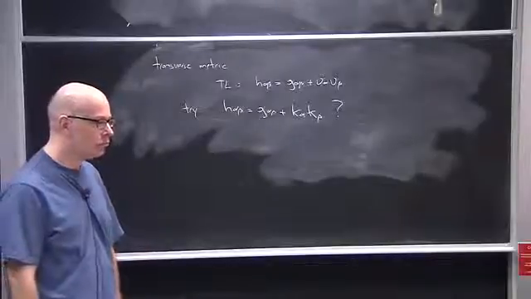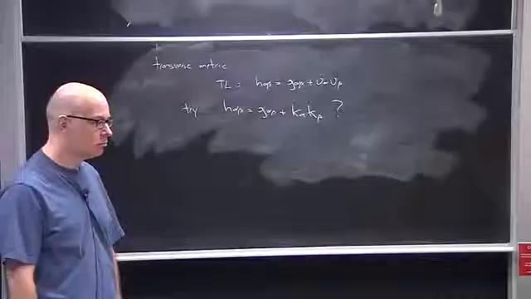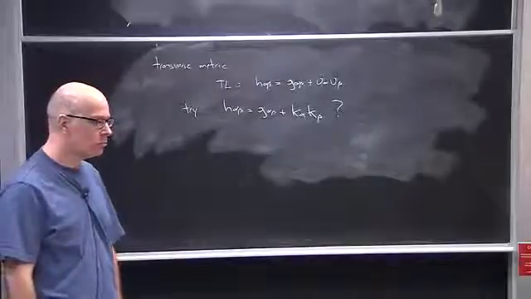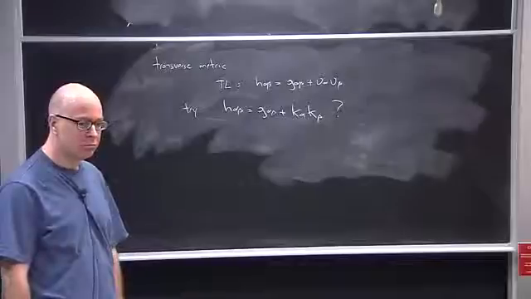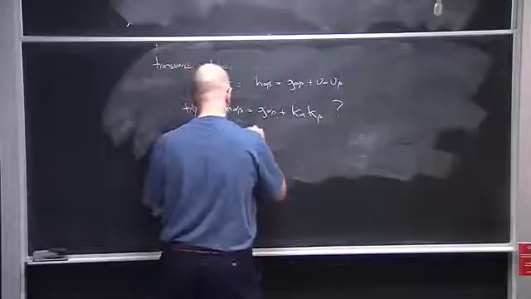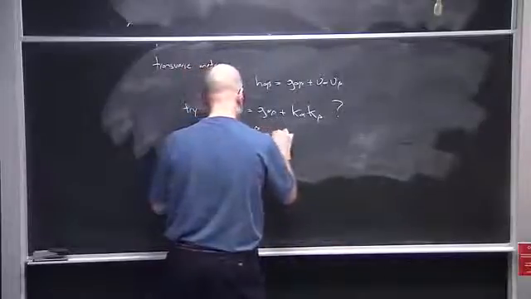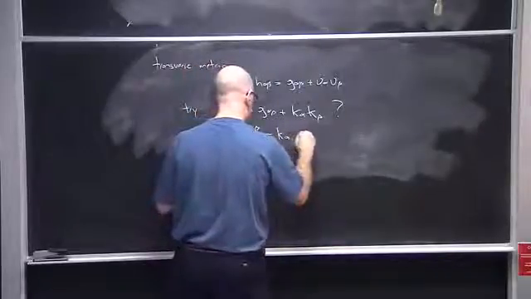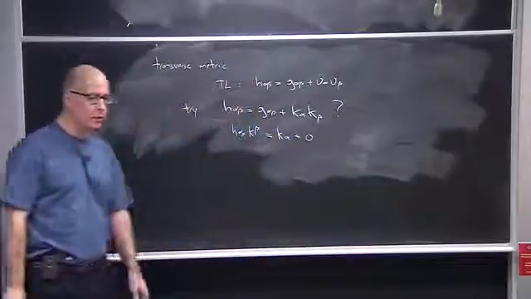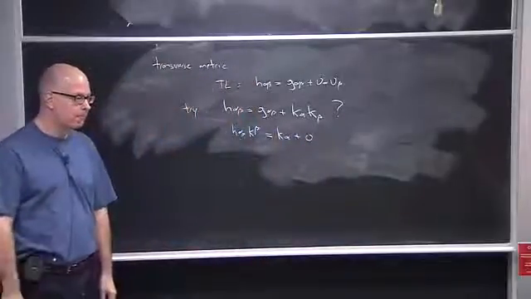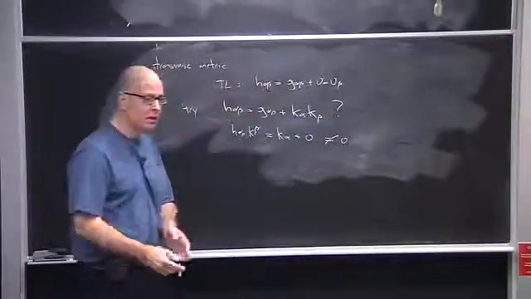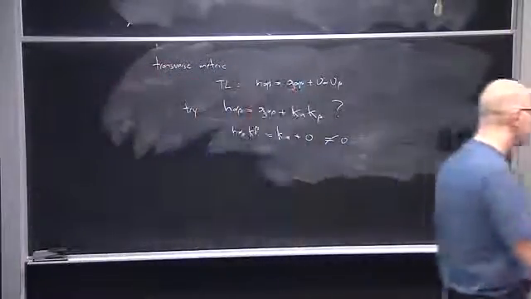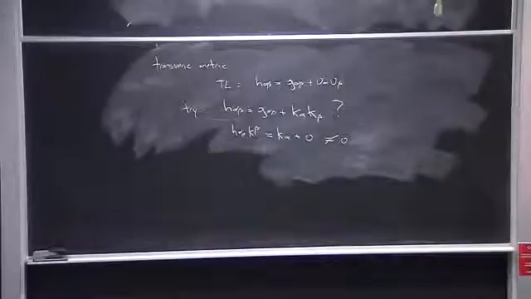Yes, no? I see one no. That's right. If I multiply this with k, I get k back from the metric, but I get 0 from the second term. So that doesn't work. It doesn't work for the reasons we were talking about over here.